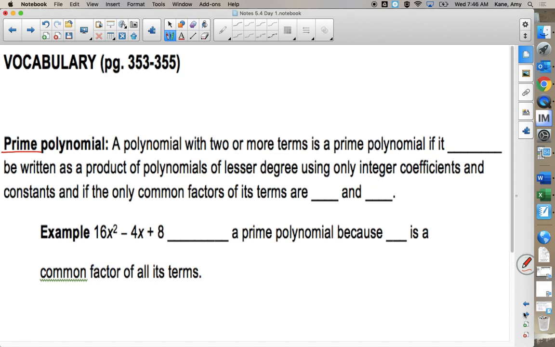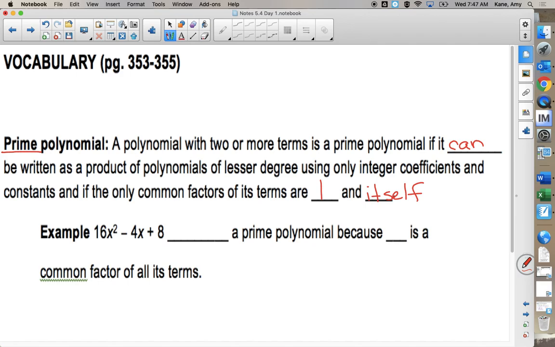So a polynomial with 2 or more terms is a prime polynomial if it can't be written as a product of polynomials of lesser degree using only integer coefficients and constants, which is a lot of wording there. So essentially, it's prime if the only common factors of its terms are the number 1 and itself.